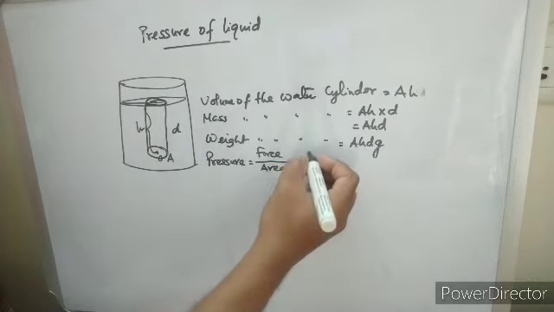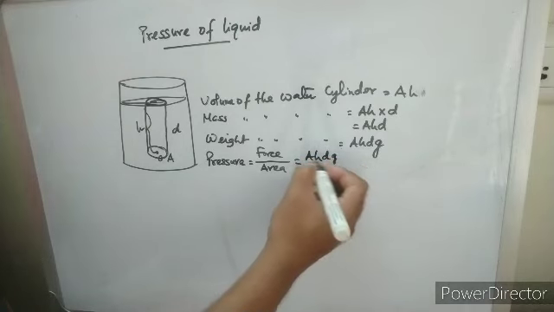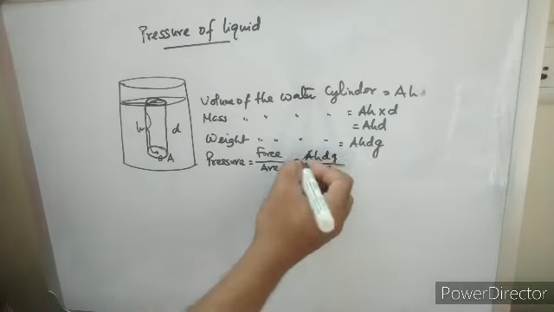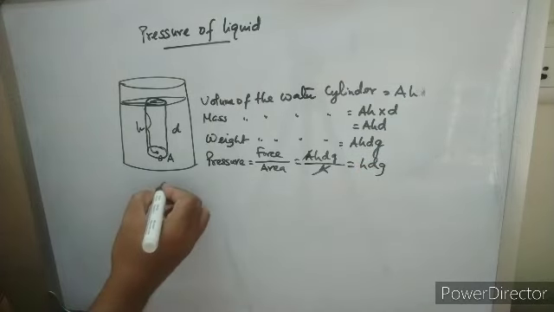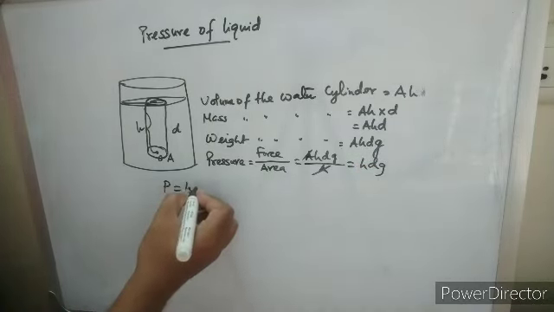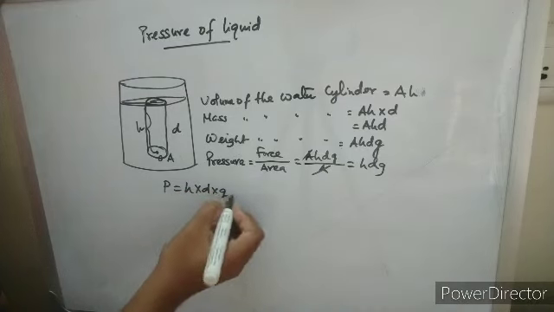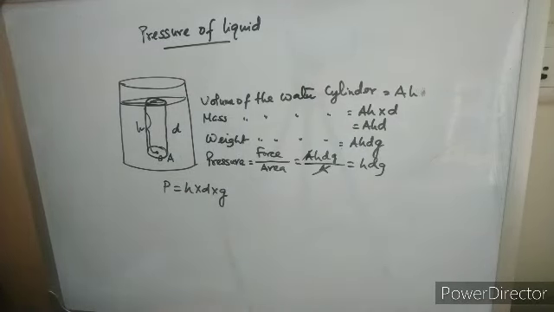So the force is AHDG divided by area A. So we have HDG. So pressure P equals H into D into G. This is a very important formula for finding out the pressure of any liquid at any point inside that liquid.